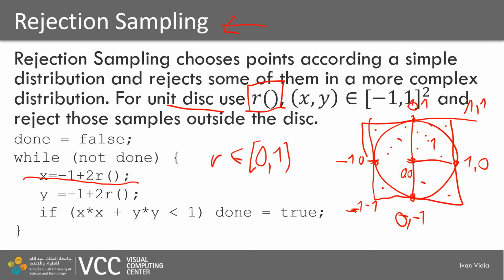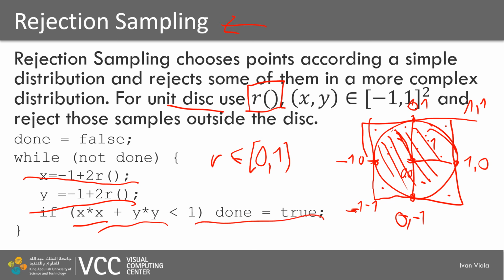And the same for y. Then if x squared plus y squared is smaller than 1, meaning that it belongs to the disk, then we are done. Otherwise, we will be picking another random point. This is called rejection sampling, because we are rejecting certain samples which do not follow our more complex geometry.